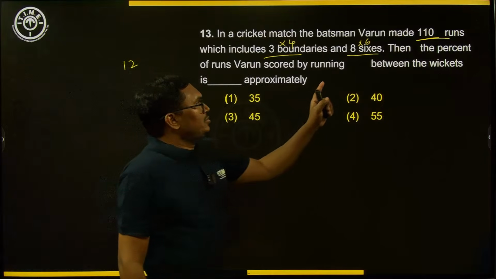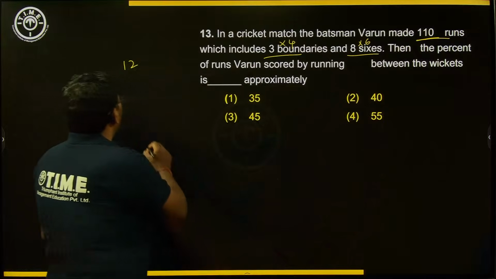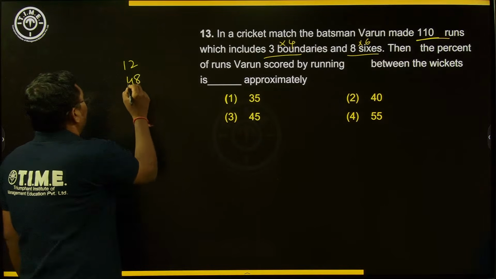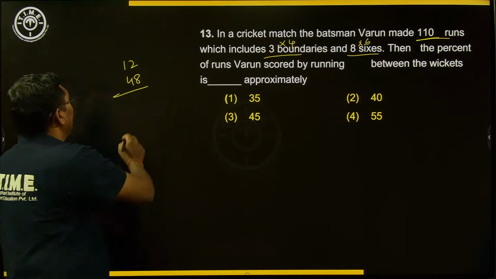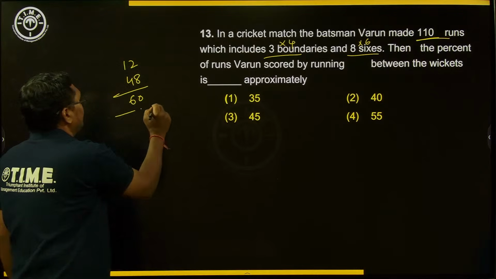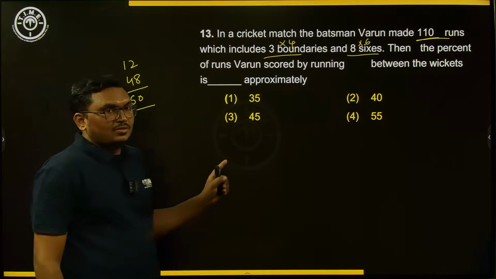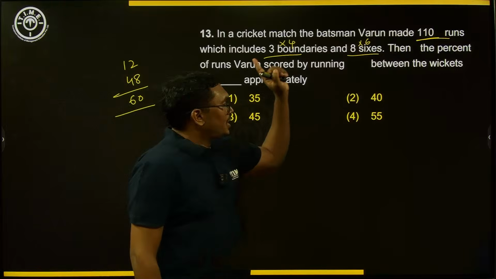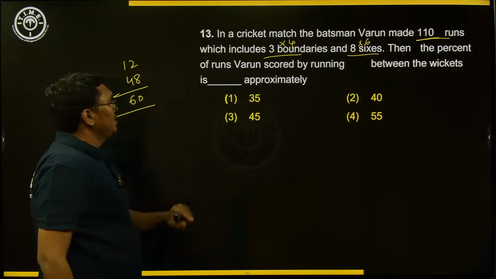Next, 8 into 6, that is 48. So this is 60 runs. So the runs in the form of boundaries and sixes is 60 runs.